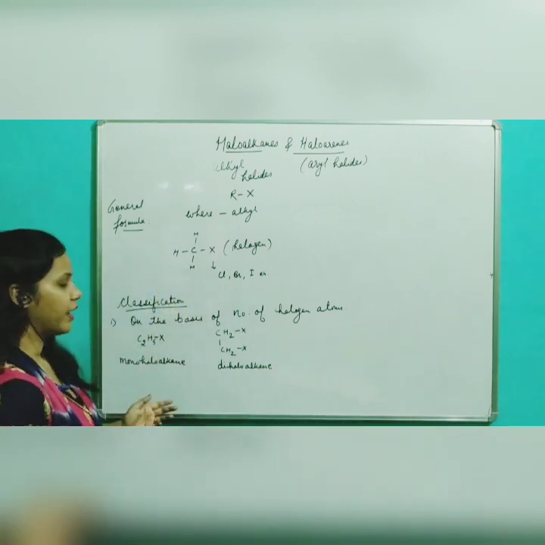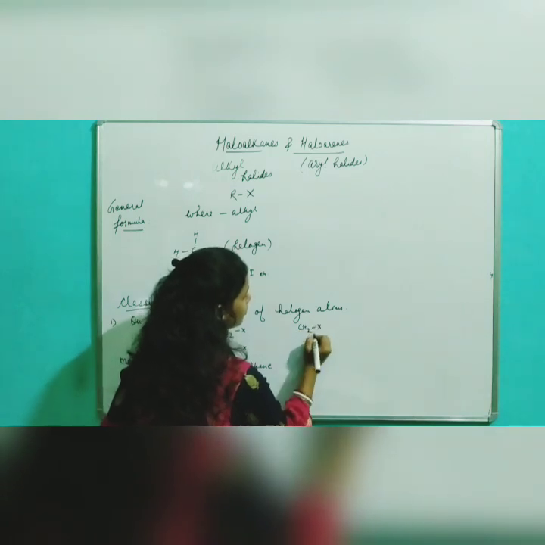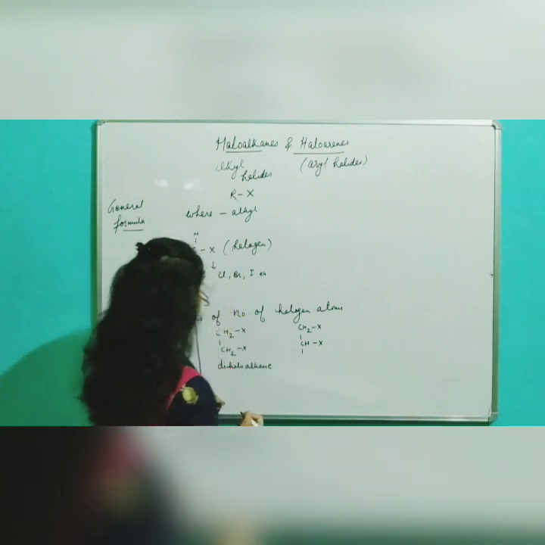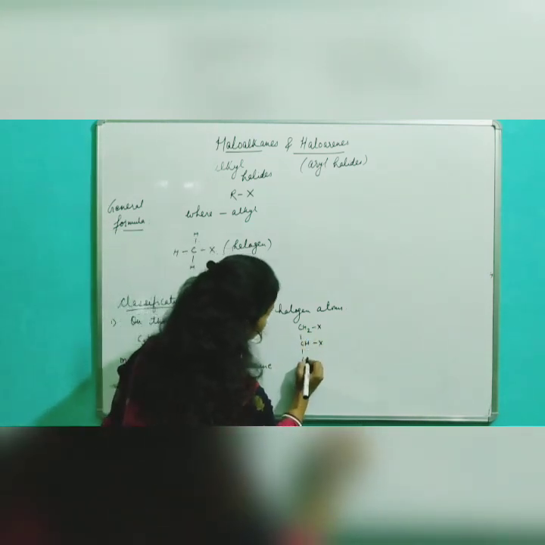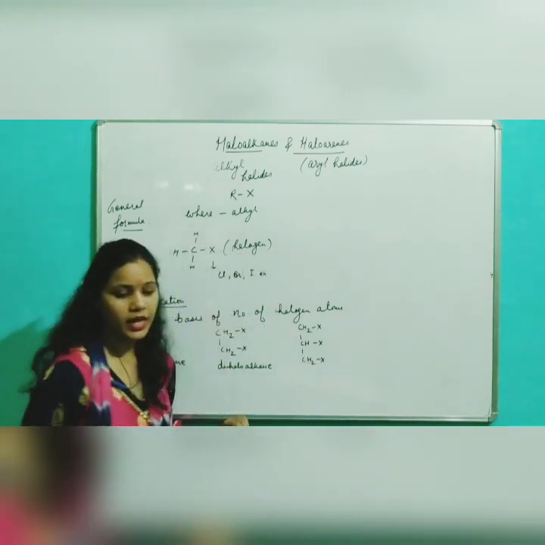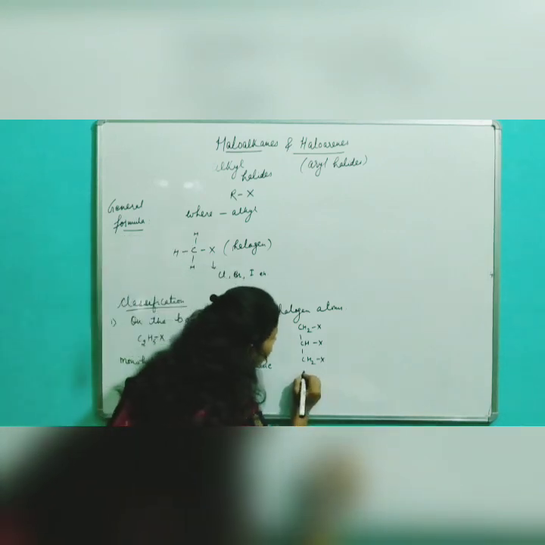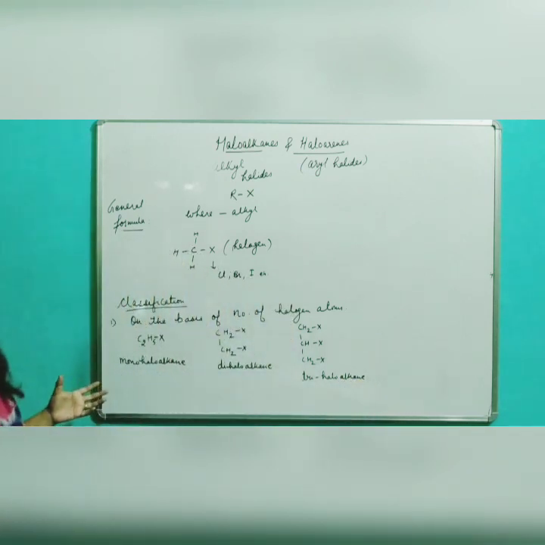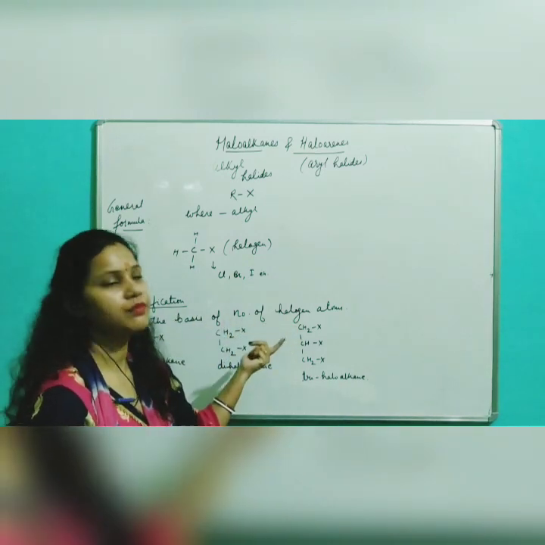Similarly, if I write CHX3, you can just check it, here we have three halogen atoms attached to the alkyl group. That is why it can be called a trihaloalkane. So the first classification is on the basis of the number of halogen atoms attached.